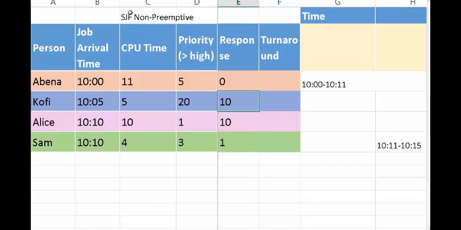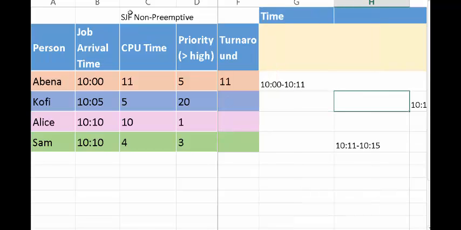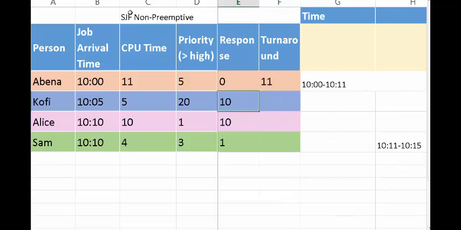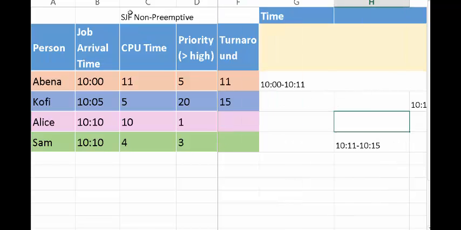Let's look at turnaround time. For turnaround time, we'll be looking at when you came in to when you ended. So this one is 11. Kofi's turnaround from 05 to 20, that's 15. Alice came in at 10 and finished at 30.